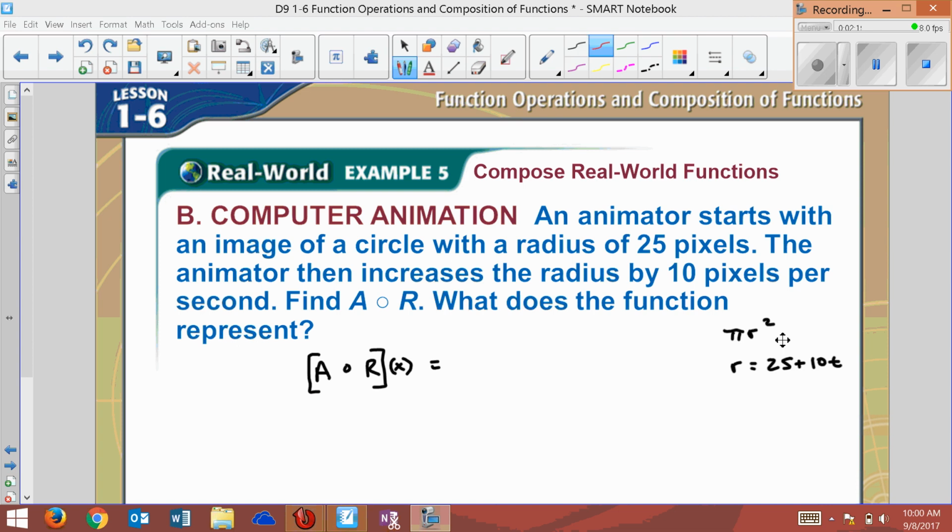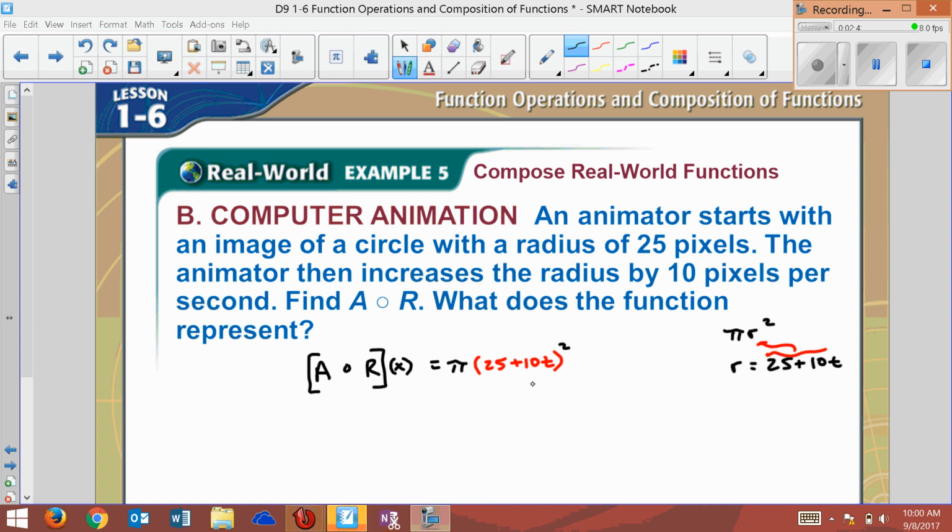What we would do is take this equation and plug it in there. So my equation should look like pi, and instead of r, I'm going to replace it with 25 plus 10t, and then that quantity will be squared. This would be my function.